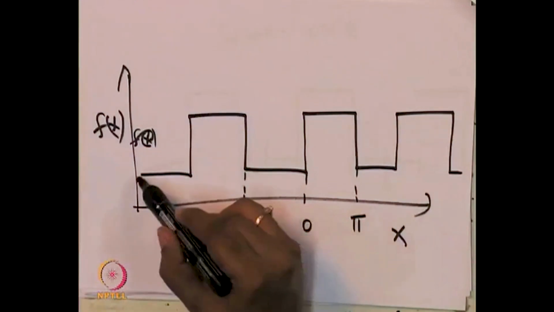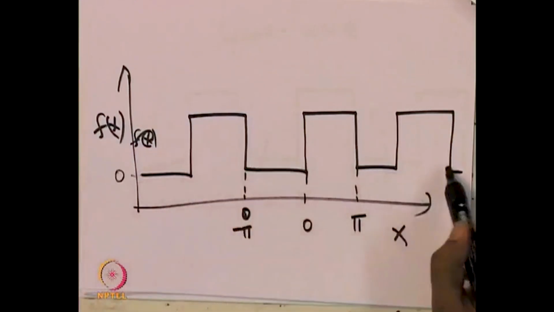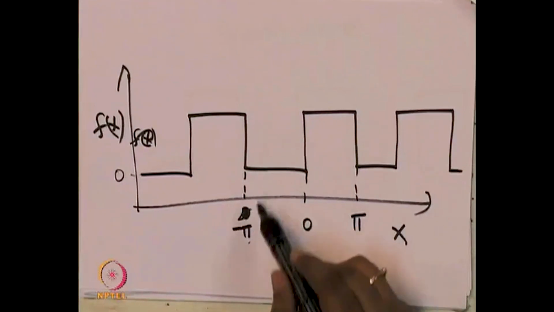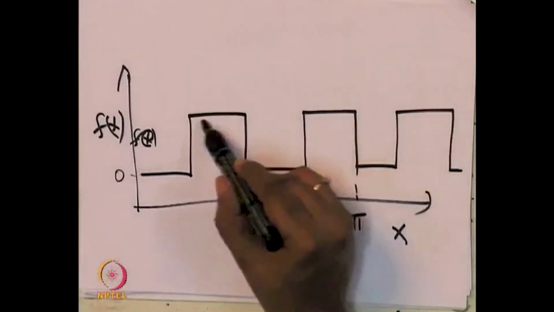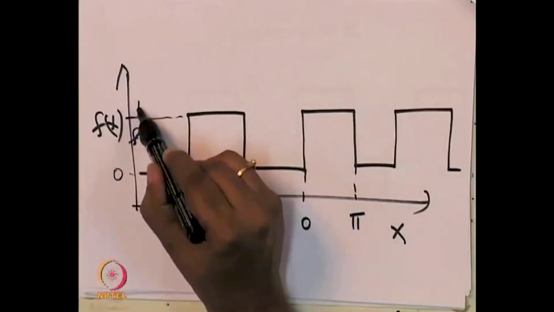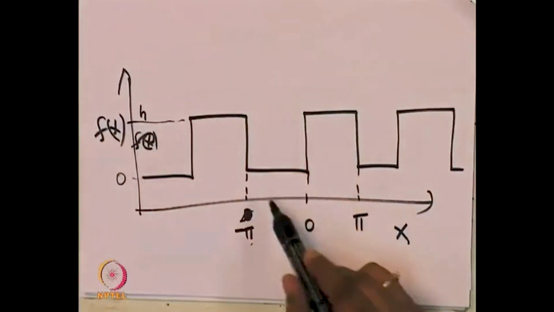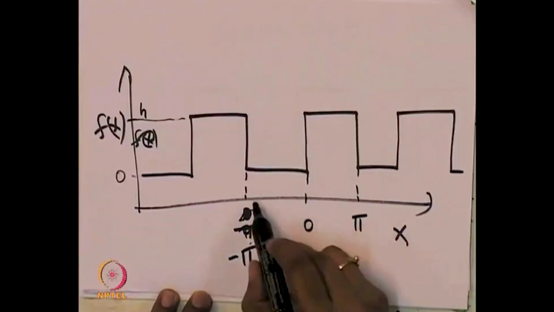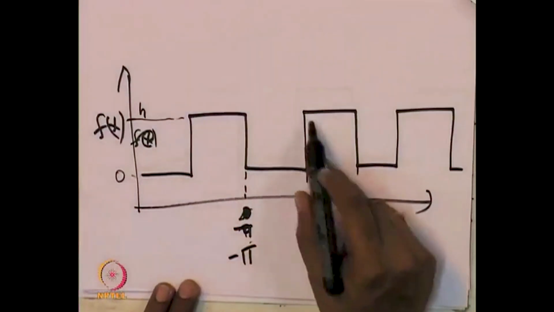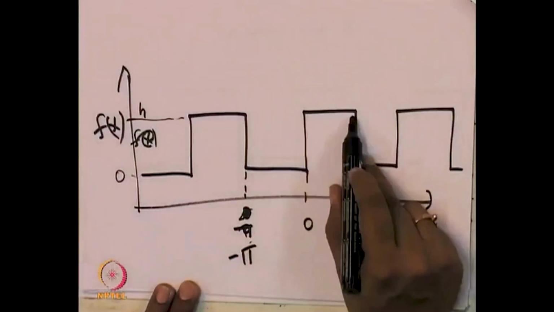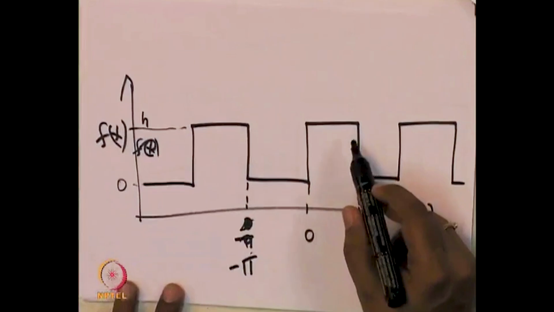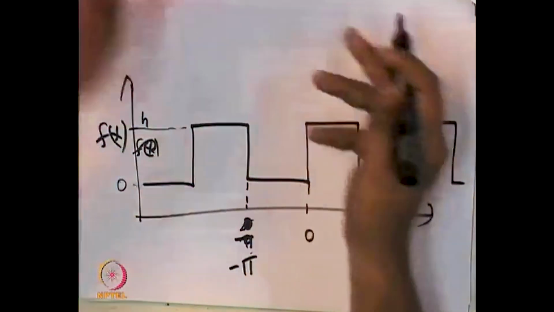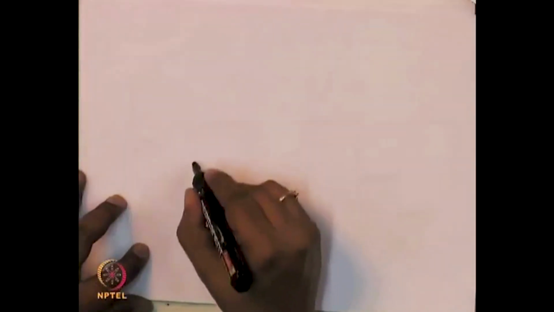Let me call this baseline 0, and let me call this particular value h. So from minus pi to 0, the value of the function is 0, and suddenly from 0 to pi the value is h.